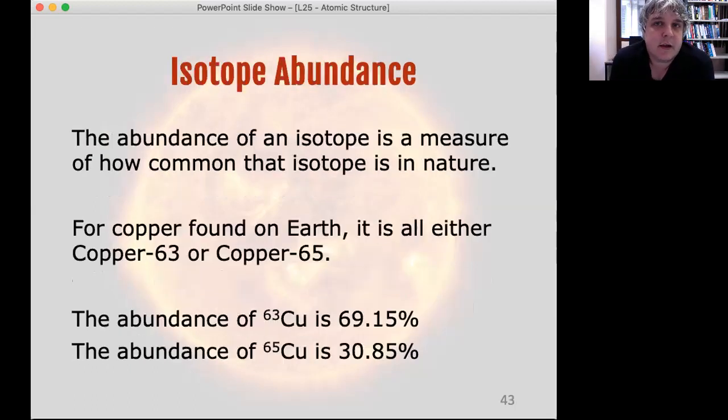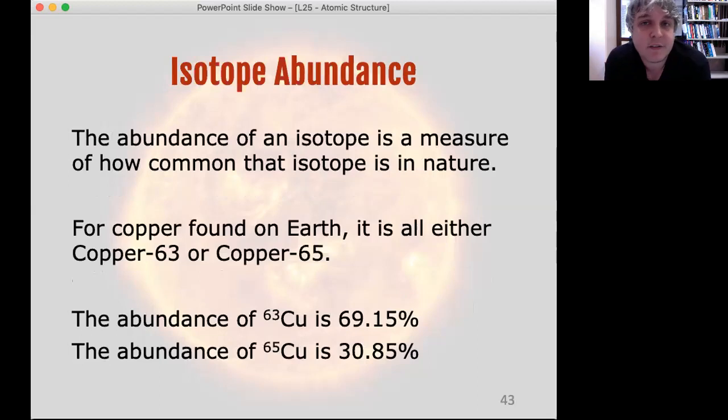In nature, each element occurs with a specific abundance. The abundance is basically the probability of finding that isotope instead of a different one. So it's the ratio of the different isotopes. Of copper on Earth, there are only actually 2 isotopes that occur naturally: copper-63 and copper-65.